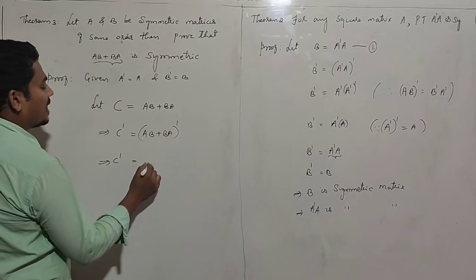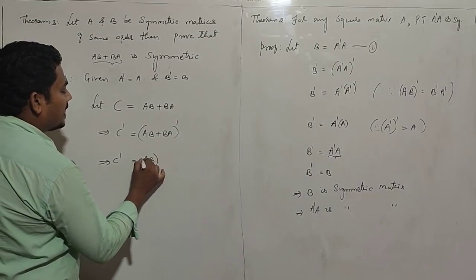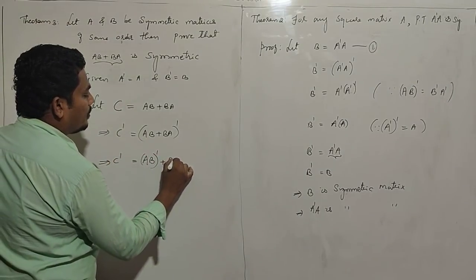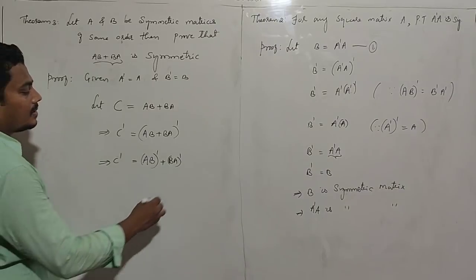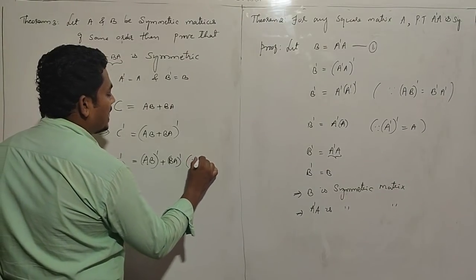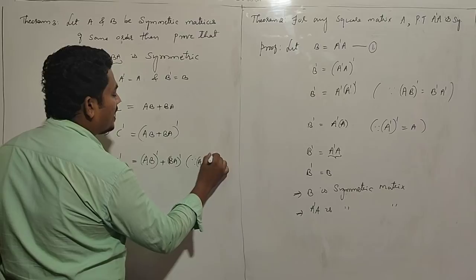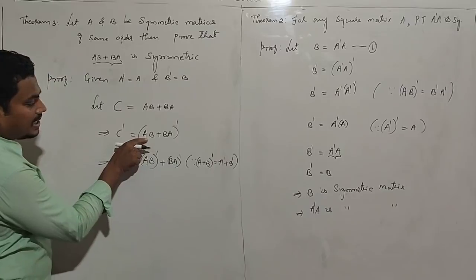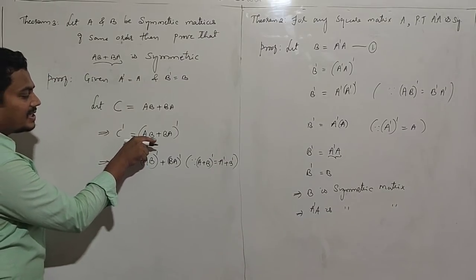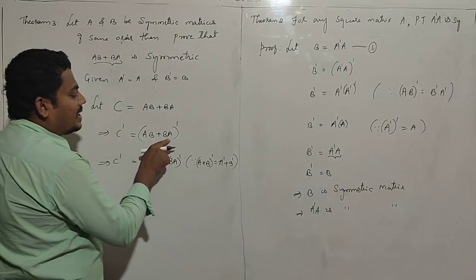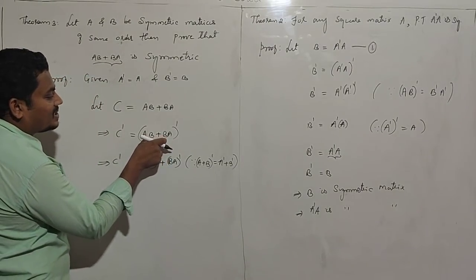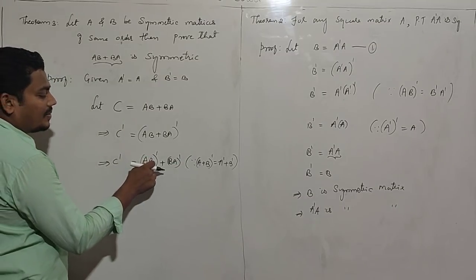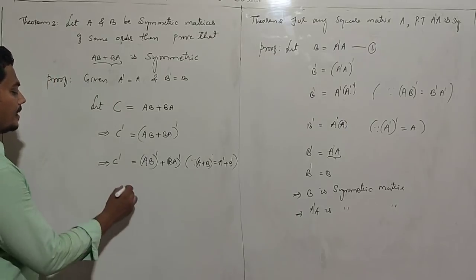It is because of A plus B whole transpose equal to A transpose plus B transpose. In this case, AB is one matrix, take it as matrix A. BA is another matrix, take it as B. So A transpose plus B transpose. Instead of A, we have AB. Instead of B, we have BA.